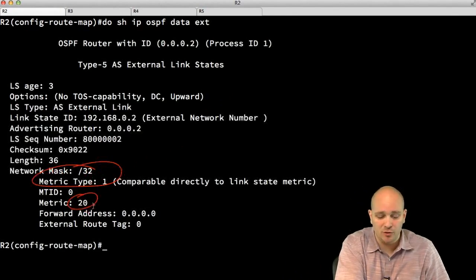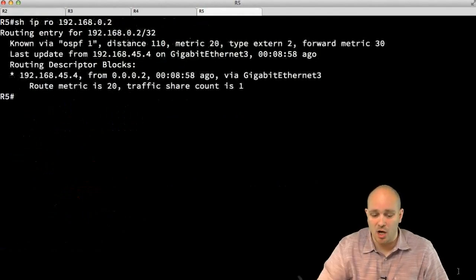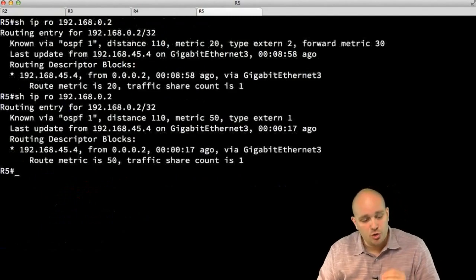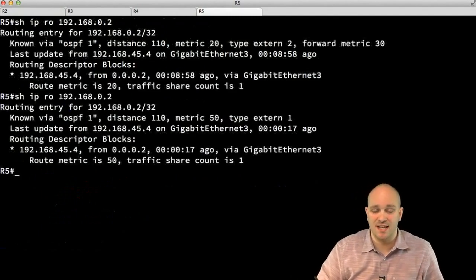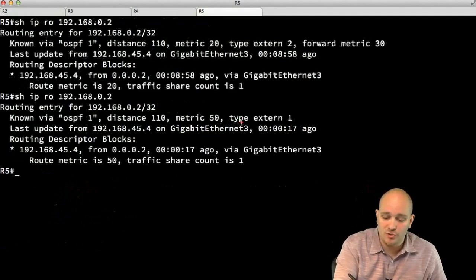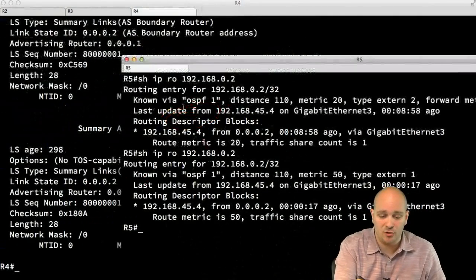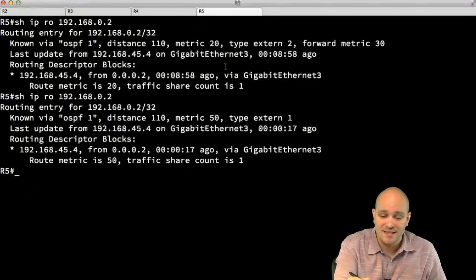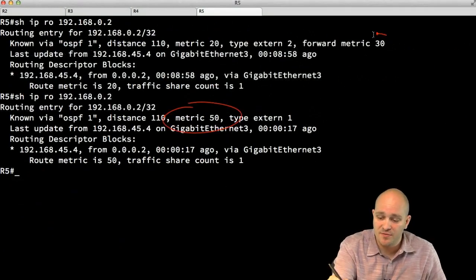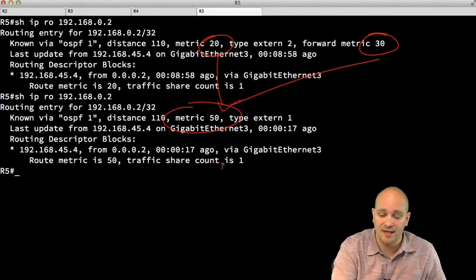It is still going to be 20, but if I go to my R5 and do show IP route 192.168.0.2, what I'm going to see now is metric 50. It shows me the actual calculated metric. It adds this value to this value and shows me the calculated value.